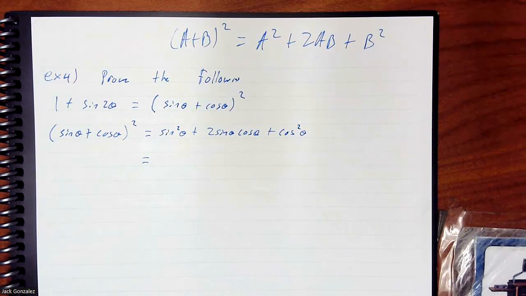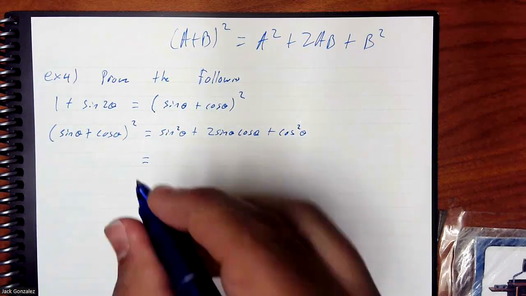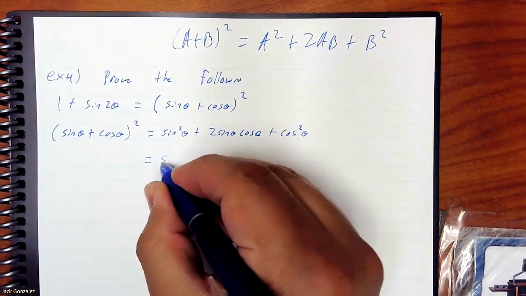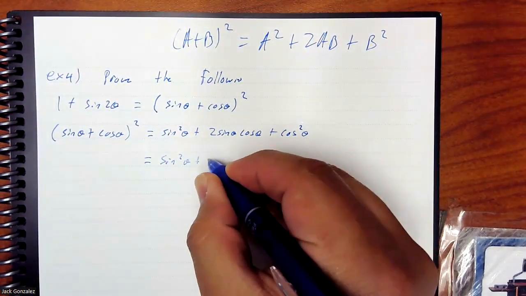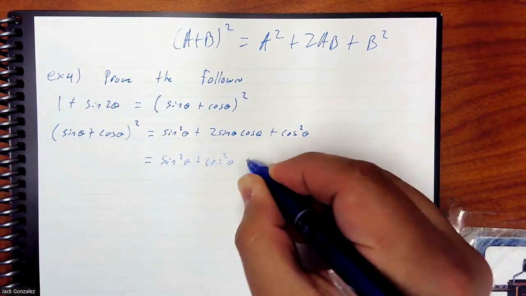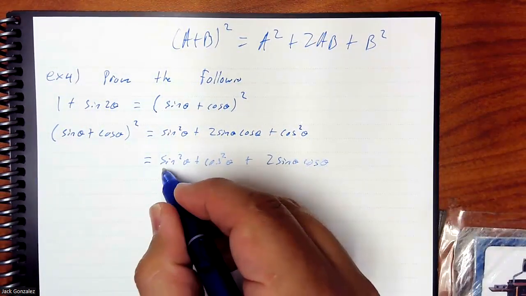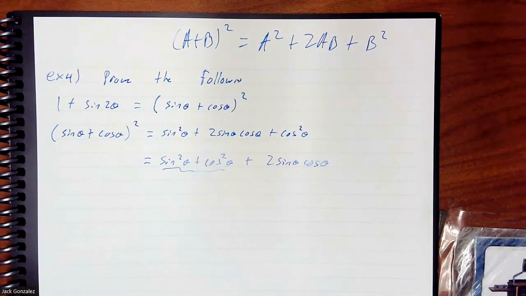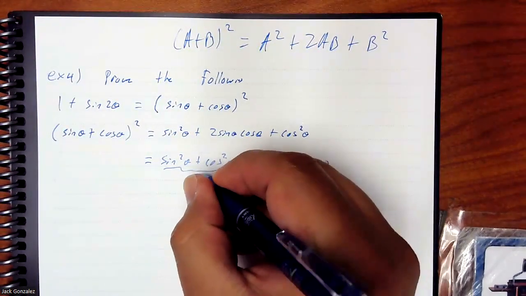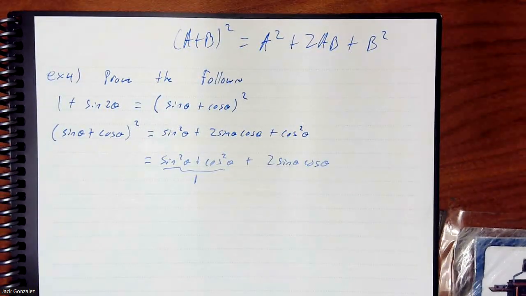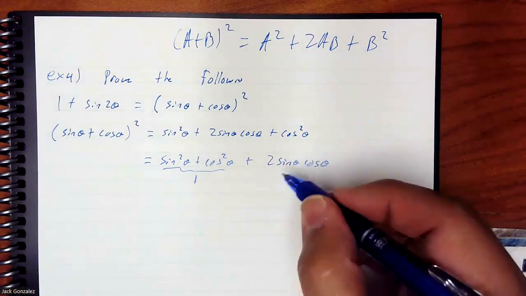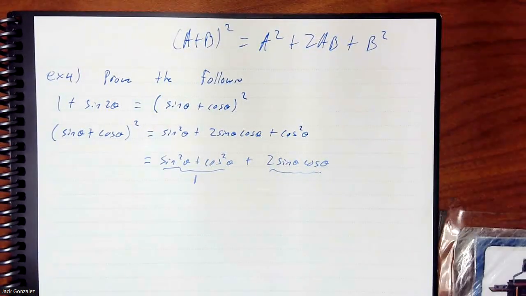But once we're there, do you see a bunch of identities? If I rewrite this to make it more obvious, this is equal to what? This is the one we just talked about.